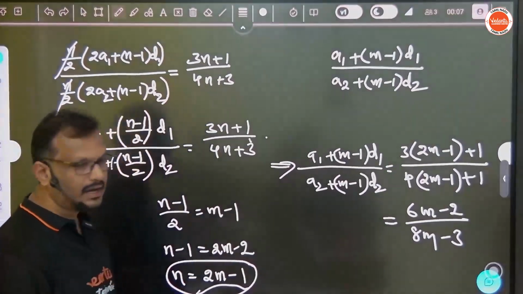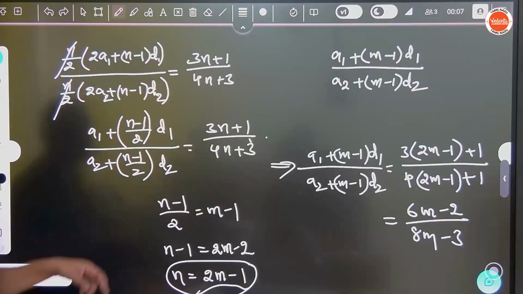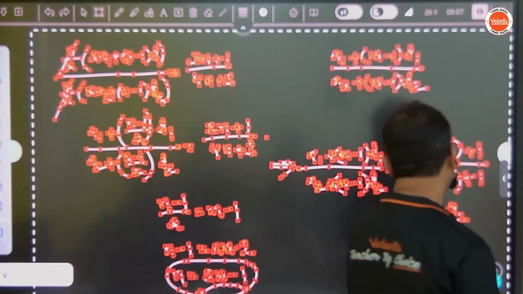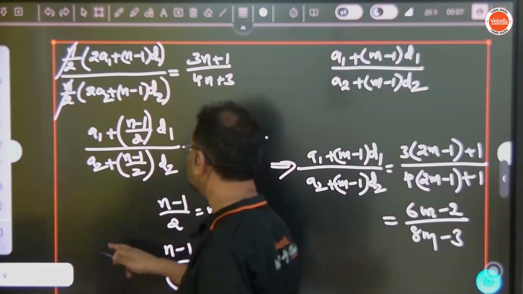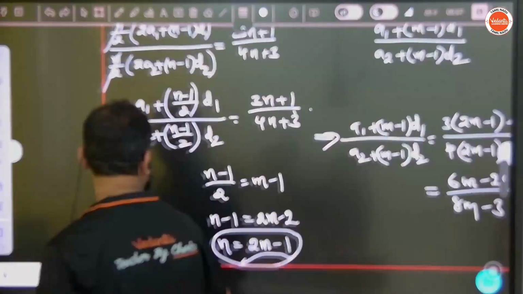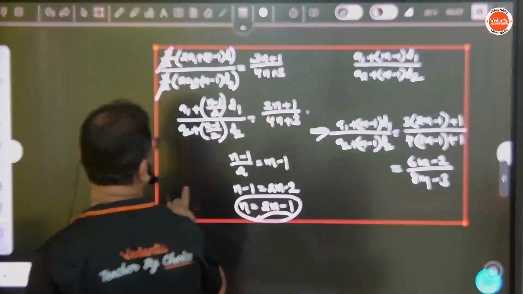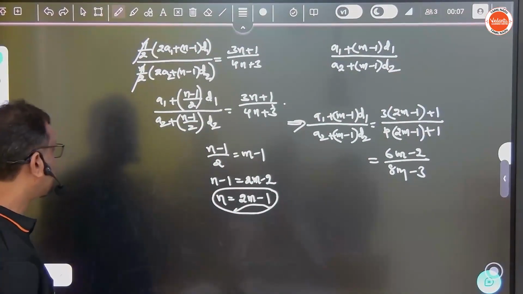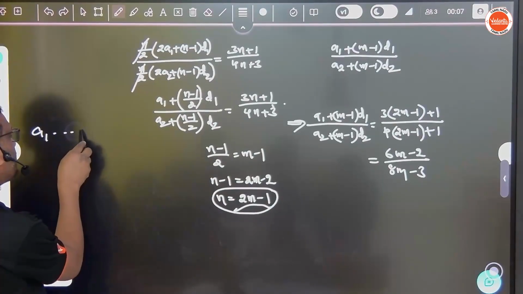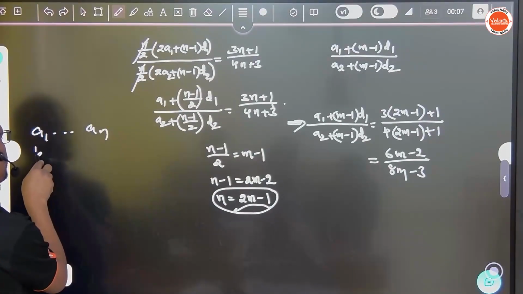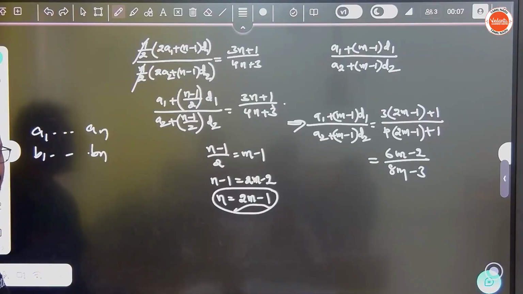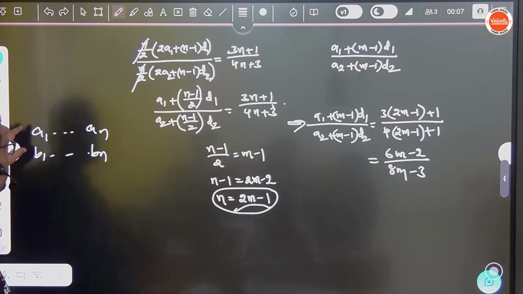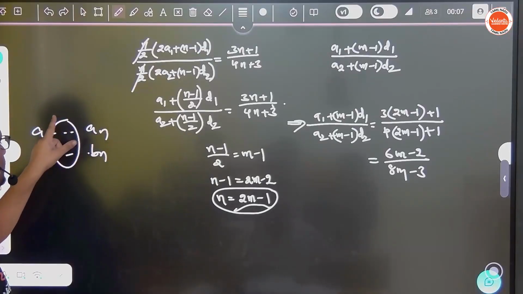For example, if I ask for the 50th term ratio: the ratio of the sum of n terms of two APs is 3n plus 1 by 4n plus 3. Then what is the ratio of the 50th terms? For example, like A1, A2, A3 up to AN, B1, B2, B3 up to BN, the ratio of particular terms.